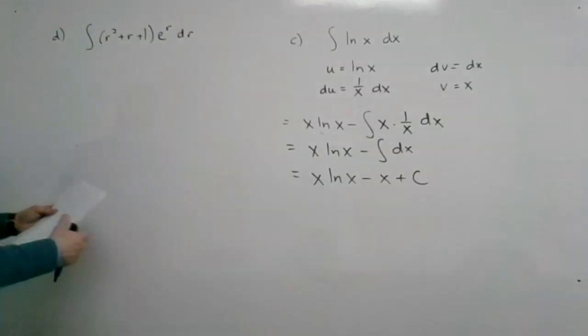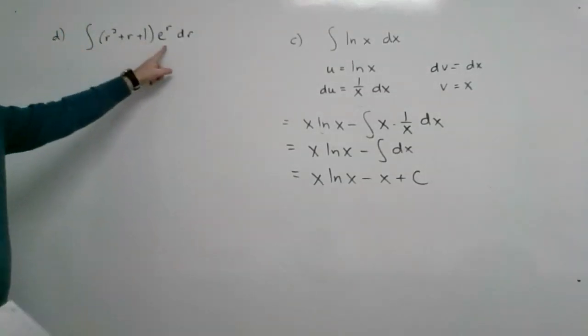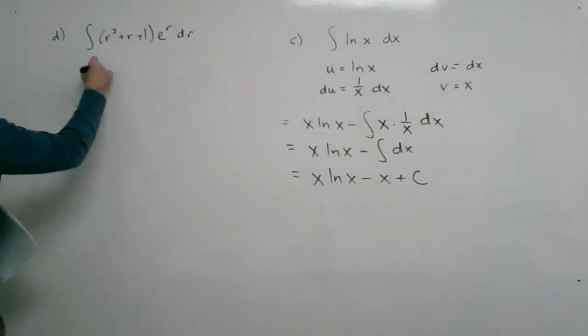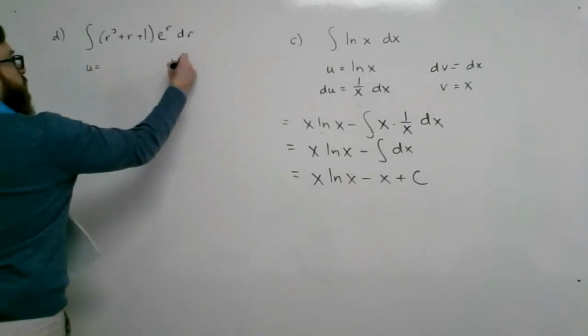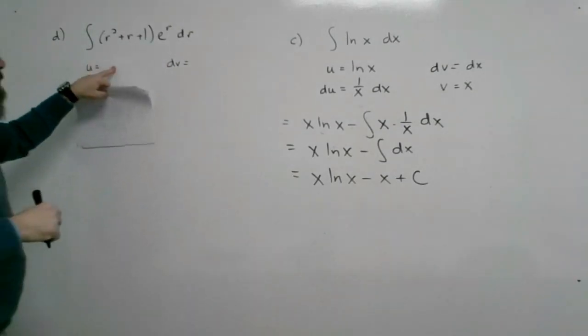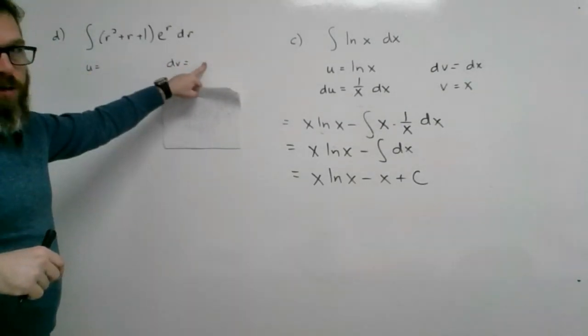So in this integral, I have a multiplication of a polynomial and an exponential function. So we have to pick a u and then a dv, u being differentiable, dv being integrable.